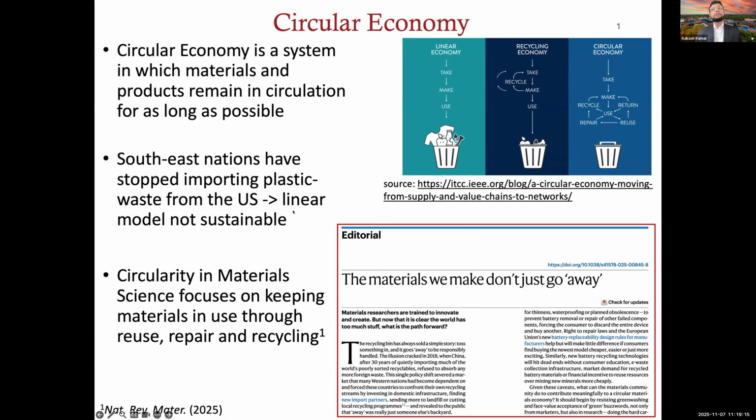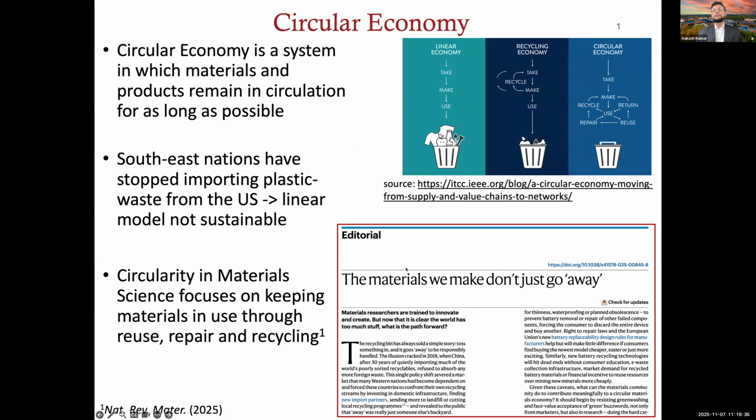And so this brings us to this very important, powerful idea about the circular economy, where I think the main focus is to keep products and materials in circulation for as long as possible, right? We could use things like recycling, repairing, and repurposing in such a way that the materials remain in circulation.